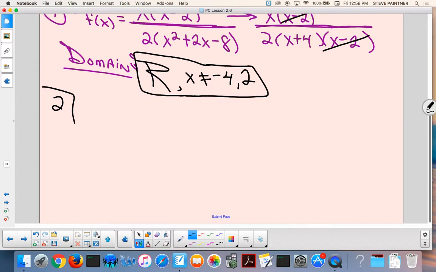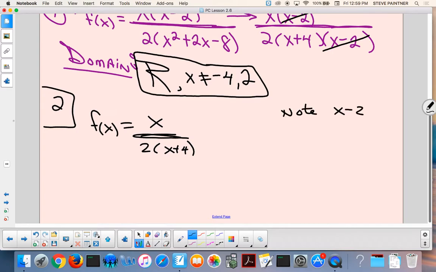So now your new function is f of x equals x over 2x plus 4. Okay, gotcha. There it is. Now, it did say, just make a note to yourself, what did you cancel out? X minus 2 with a what? X minus 2. Okay, just a quick note. We will come back to your note later. Okay? Number 3.